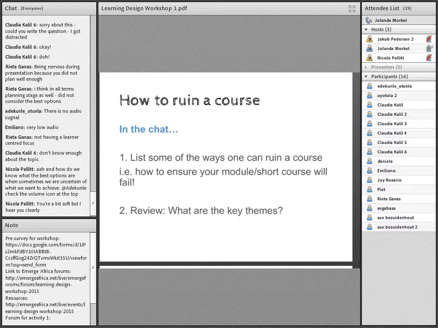Nicolas saying that sometimes we're not sure what it is that we want to achieve and we don't know what the options are. I'll speak up a little bit, but everything's in the text box anyway, so that's a good thing.